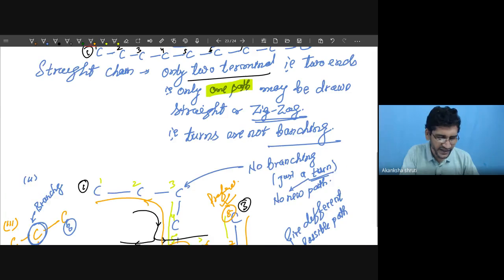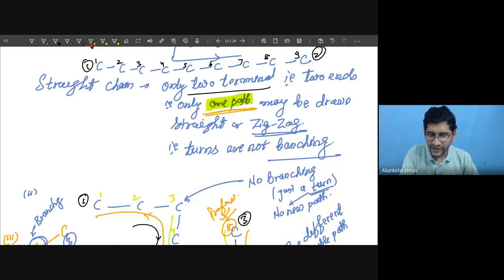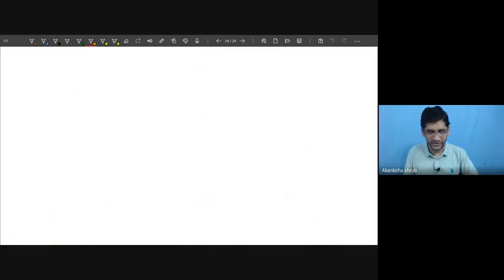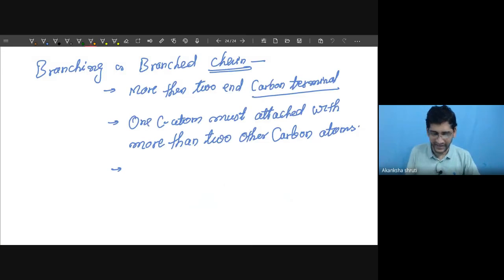Here in a straight chain, there was only one path. So we shall use that term also to understand the case of a ring.